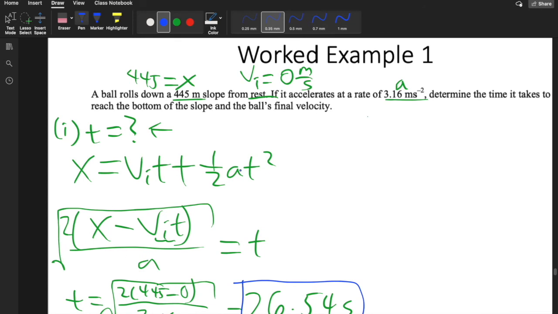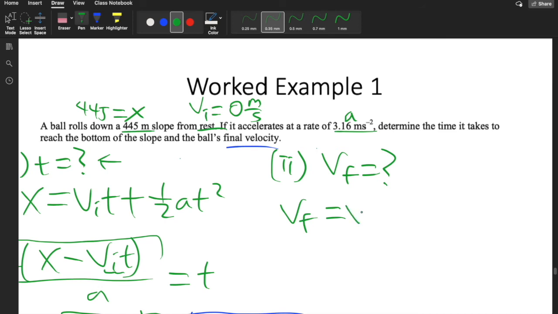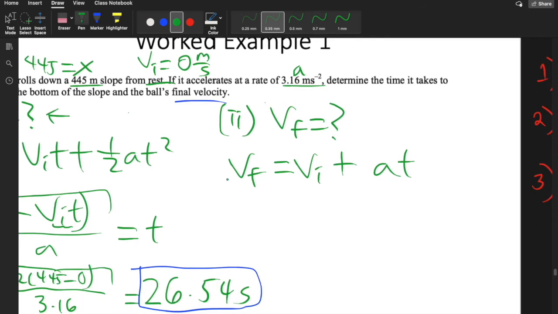Alright, now let's solve for the final velocity. Since you already solved for t, you know the time. So how can you solve for Vf? You know final velocity is equal to initial velocity plus acceleration times time, right? And you know all of them, right? This one you know, this one you know, and this one you know.